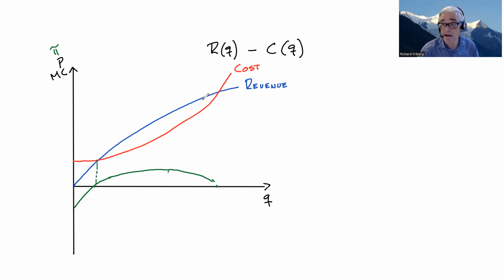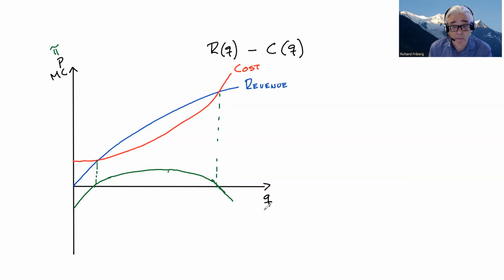Costs are increasing at a more rapid rate than revenue. And at some point here, costs are actually above revenue again, and profit turns negative. Okay, so this is the profit function.